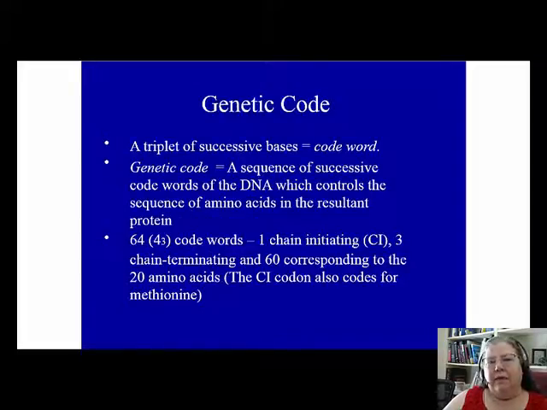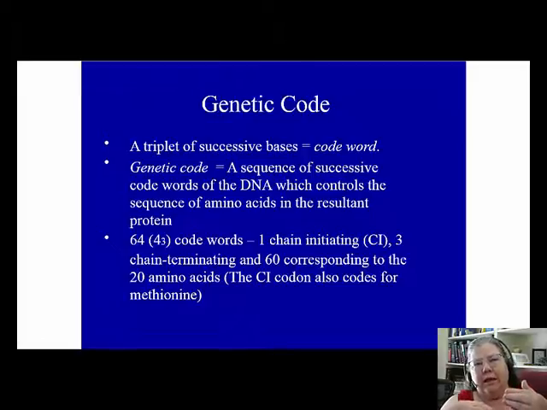So you have these bases, right? And when there are 3 bases, that is called a code word. And the genetic code is formed from this stringing together of successive code words within the DNA that each code word is associated with an amino acid.